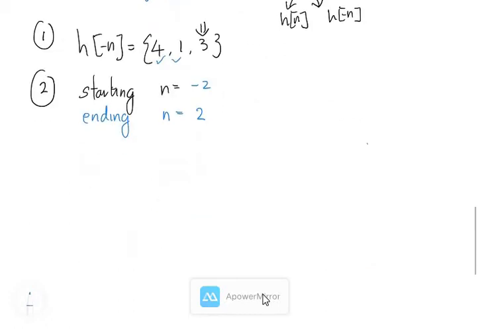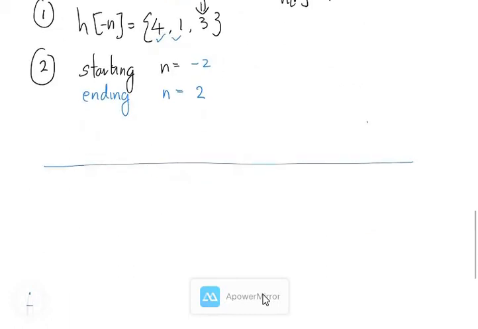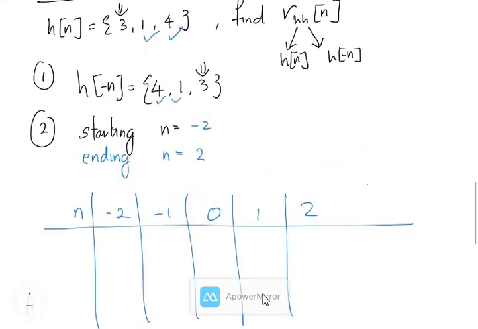This means that n is from -2 to 2. Okay, so your h[n] is 314 and h[-n] is 413.